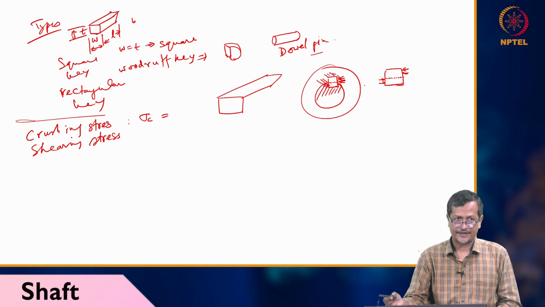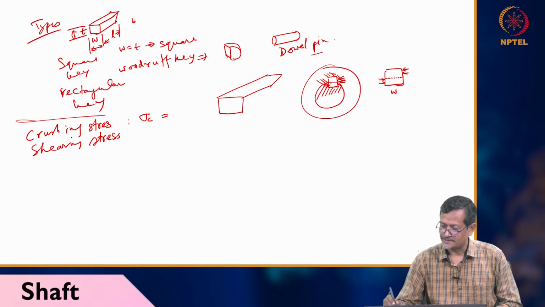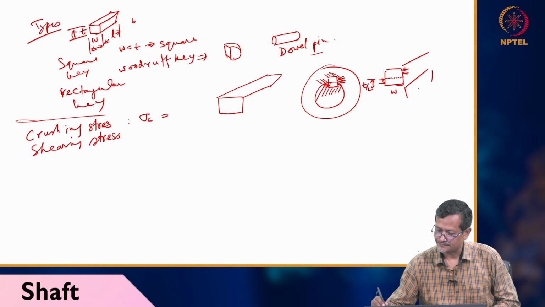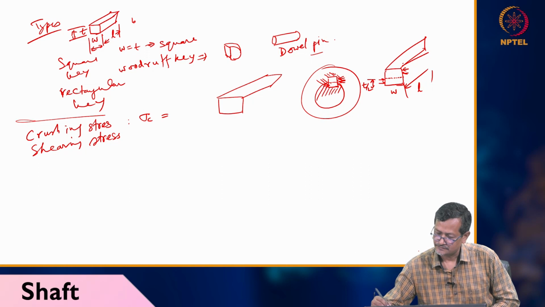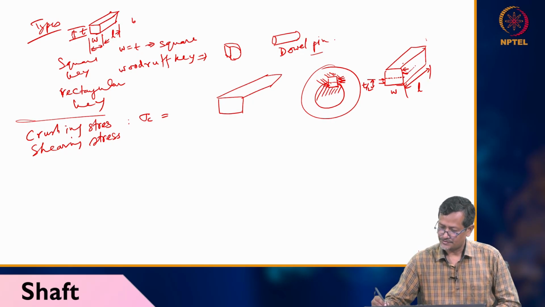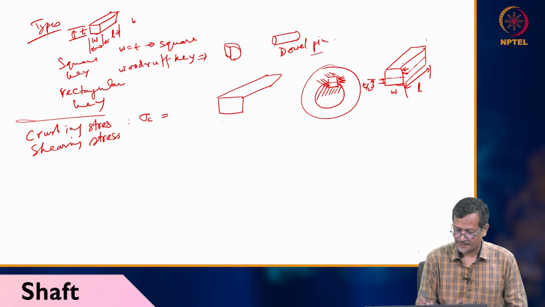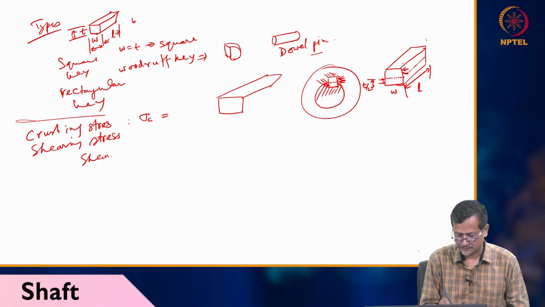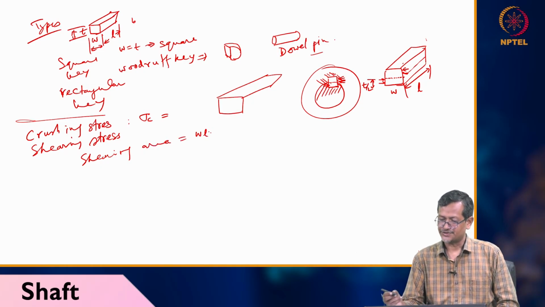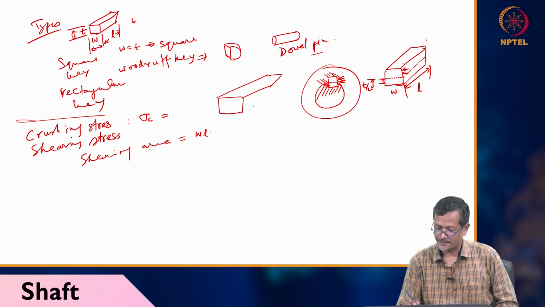So what is my shearing area now? Shearing area, W is this, T by 2 is this, and this is your L. So shearing area equals W into L, whereas the crushing area will be this one.